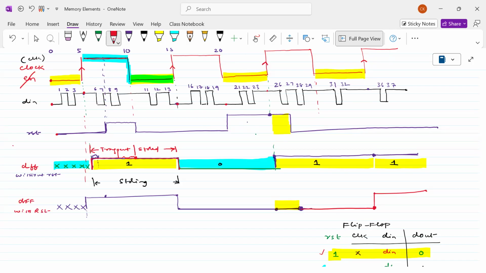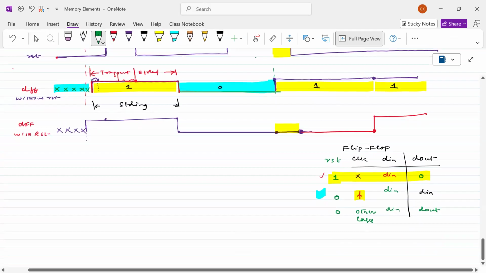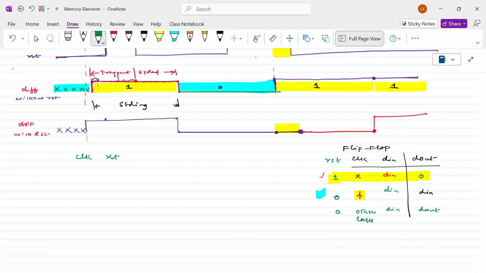Are you getting the point? So what is the conclusion here? First, you have to give the priority to the clock, and then give the priority to the RST. Then, of course, based on the DN, we have to find the DN. If the clock is not there, irrespective of the reset signal, irrespective of the DN signal, the value is the D out previous value.